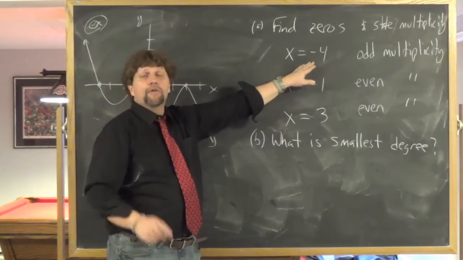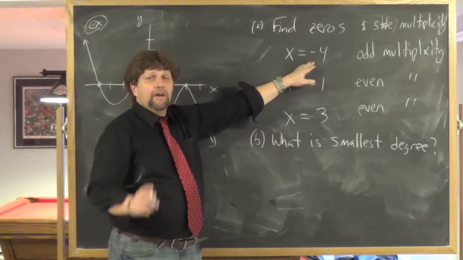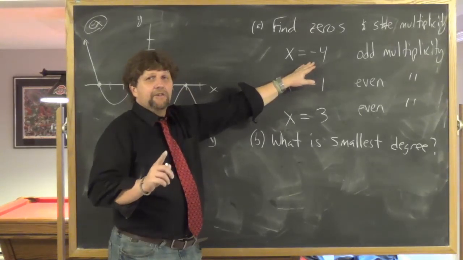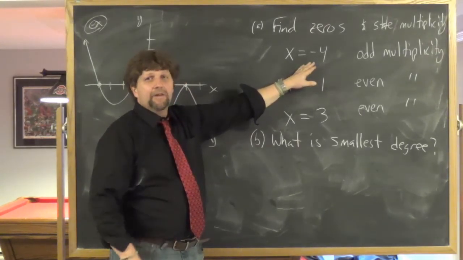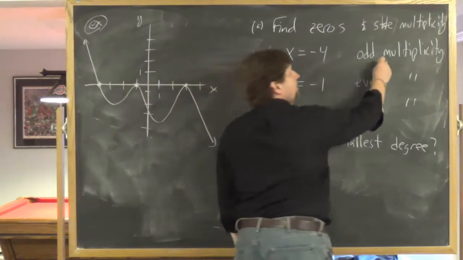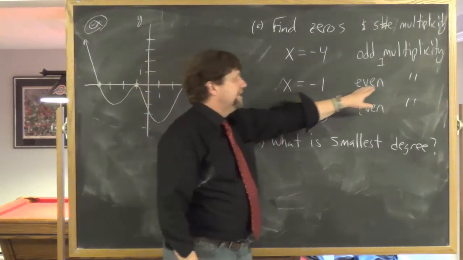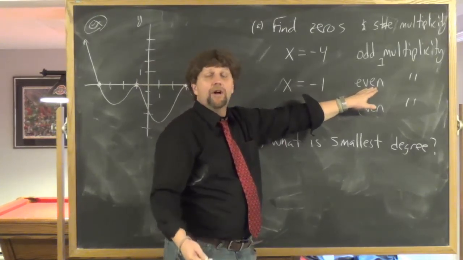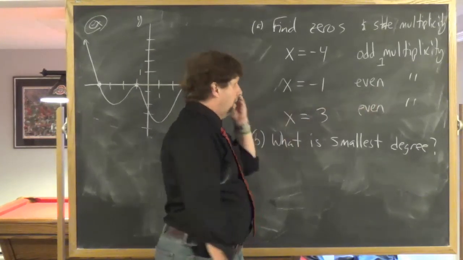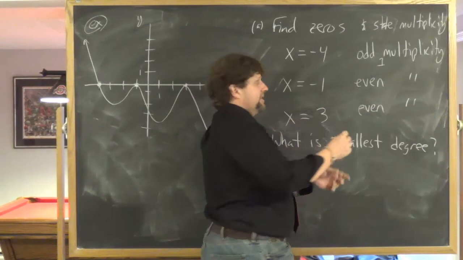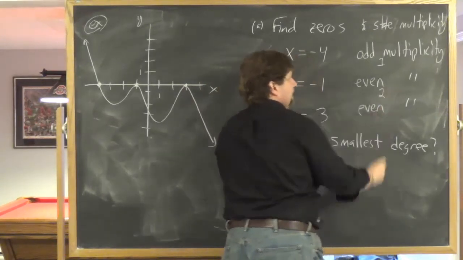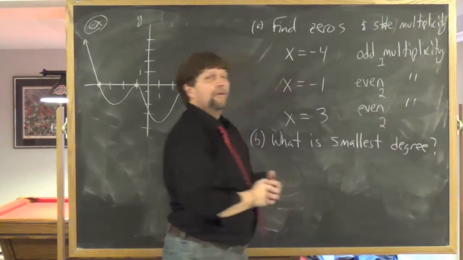X equals -4 is an odd multiplicity. Think of positive integers. What's the smallest odd number? 1. X equals -1 is even multiplicity. What's the smallest positive integer that's even? 2. And the same thing here, 2.